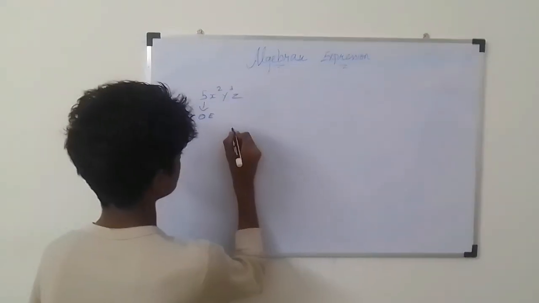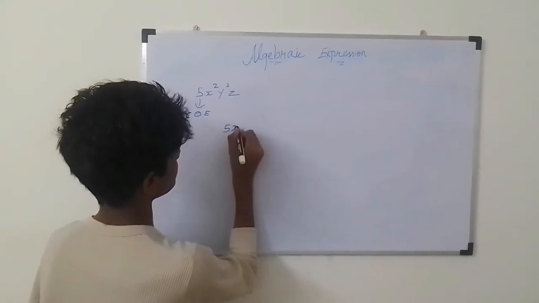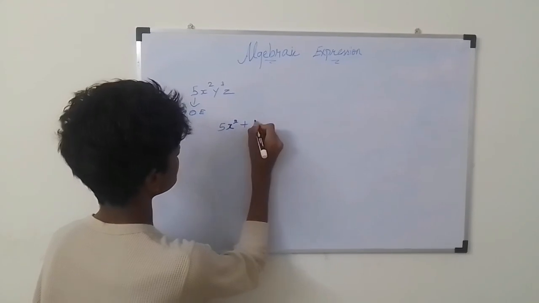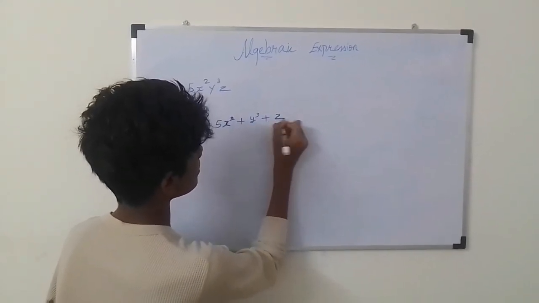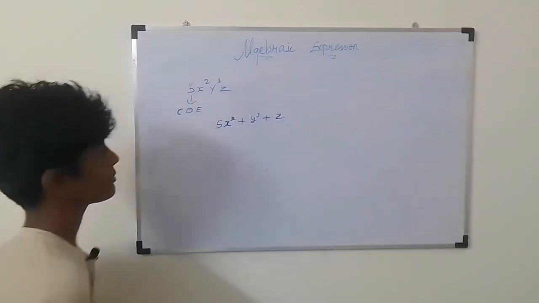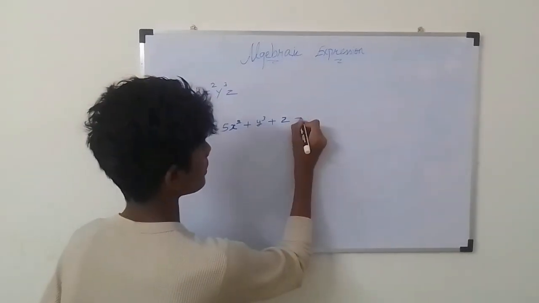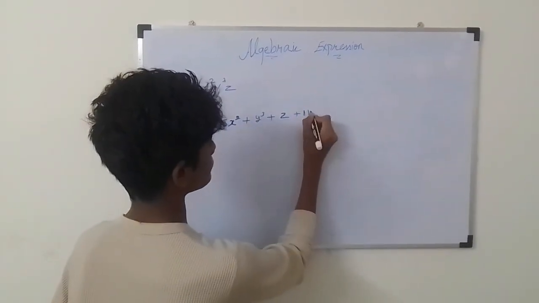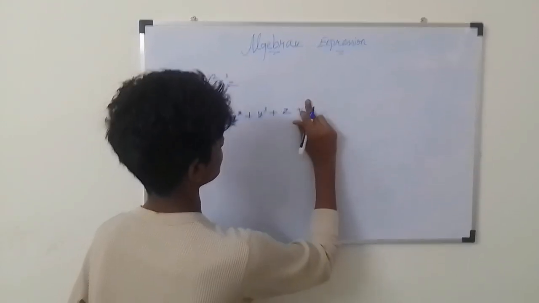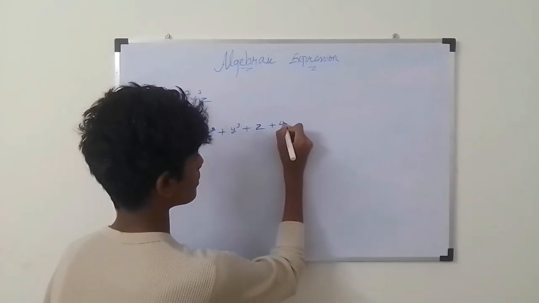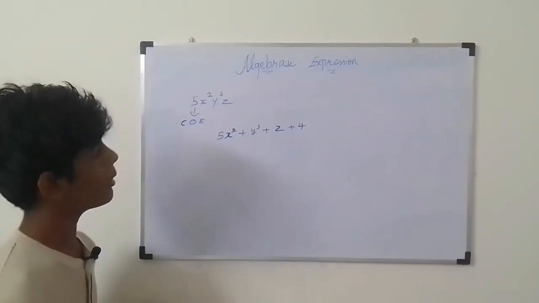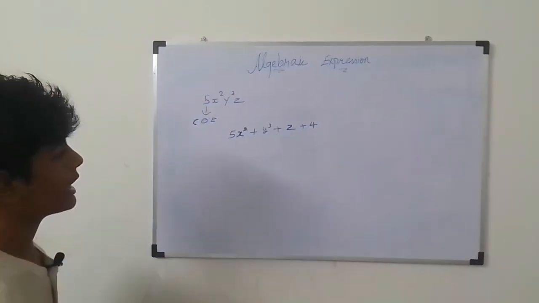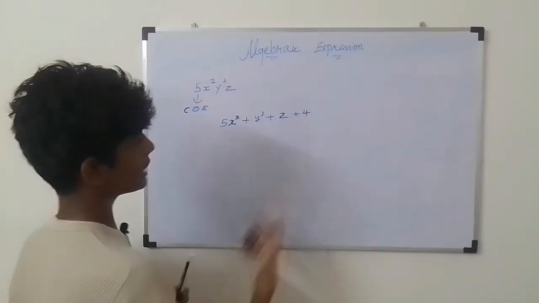Let's revise. First let's take 5x² plus y³ plus z plus 11. So now we have a small algebraic expression here, and I have addition in each of the terms.